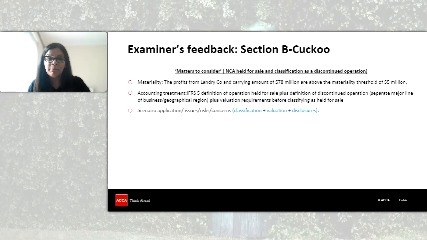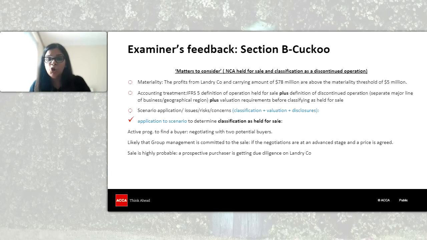The examining team said that a lot of students were not able to cover all aspects. They just covered the initial application of it being an asset held for sale. They did not link it to the scenario. So write things like: there is an active program because they're negotiating with buyers.